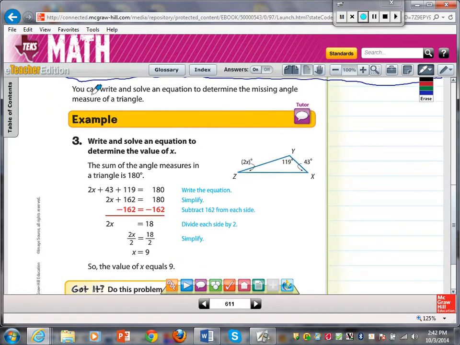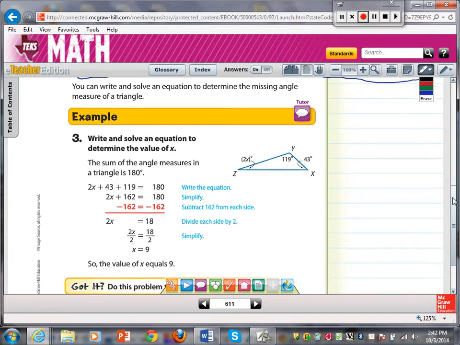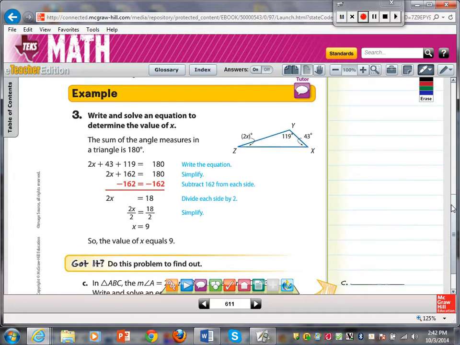It says here, you can write and solve an equation to determine the missing angle measure of a triangle. Example number 3. Write and solve an equation to determine the value of x. The sum of the angle measures in a triangle is 180 degrees. That's what you just learned above here. Now let's go ahead and analyze this triangle here.